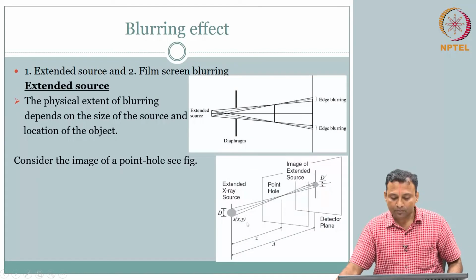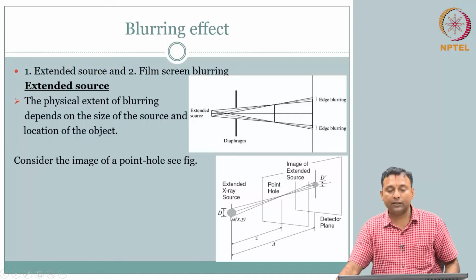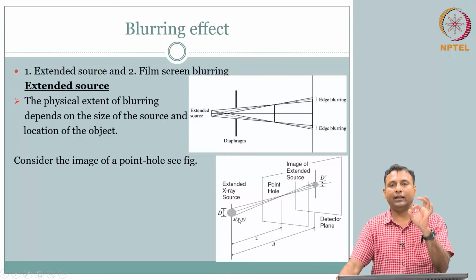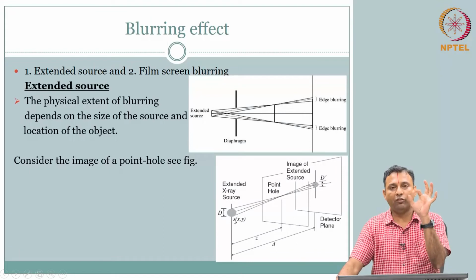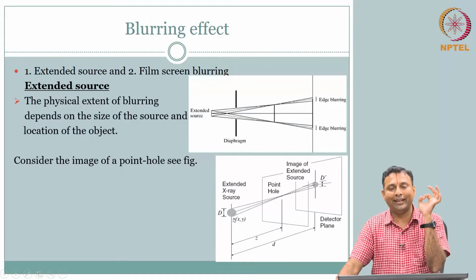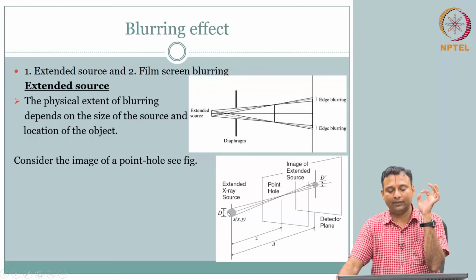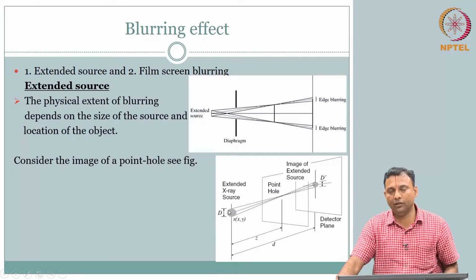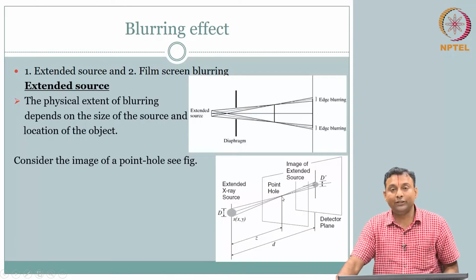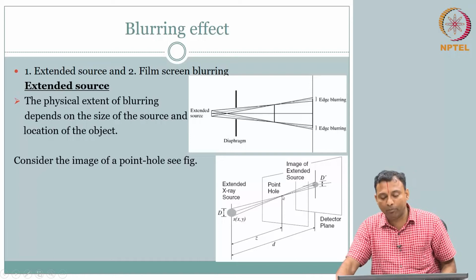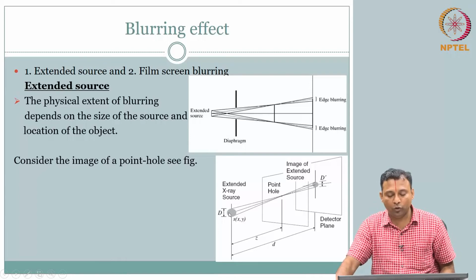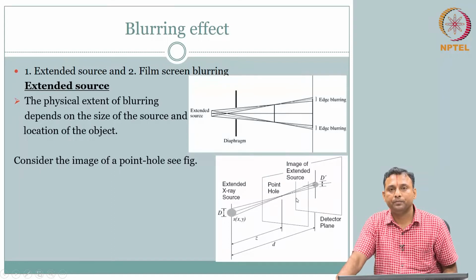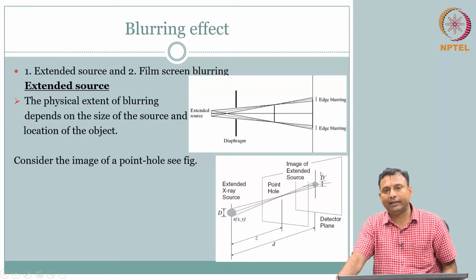This is my source, a circular disk, and instead of a point source, it now has a finite extent, and capital D is the diameter of the source. But there is no object, my object became a point, meaning I have a point hole only through which this has to go, and then I have my detector.